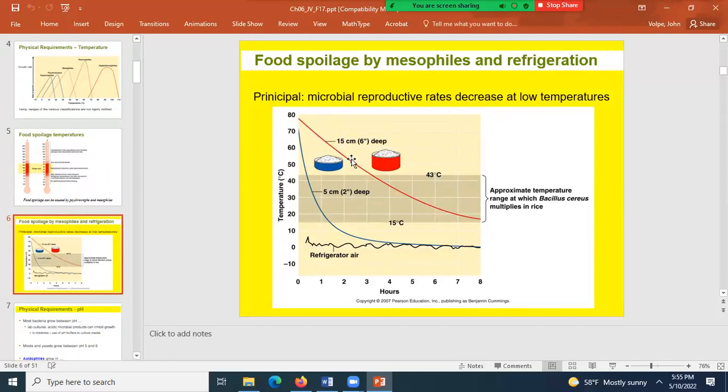And in this region here, which is several hours long, actually it goes down even further, down to about here, the organism can grow. So we don't want to put food in large containers in the refrigerator. You want the food to cool quickly enough so that the organism cannot grow. Any question about any of that?